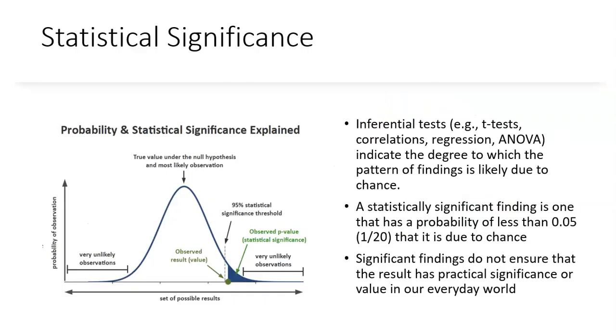Statistical significance is one of those complicated constructs that in a course like this, I don't like to spend a great deal of time talking about. If you are a major in one of the social science disciplines, you will eventually be taking a research methods and statistics course or a series of courses where you will learn more about statistical significance.